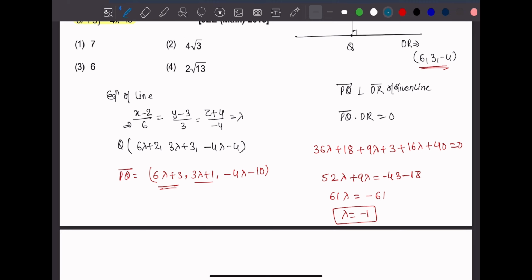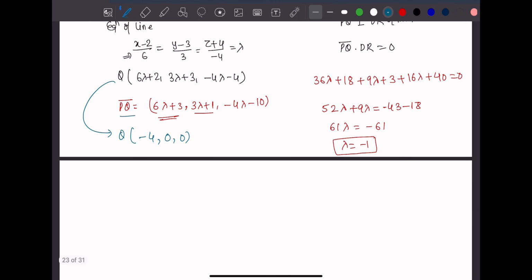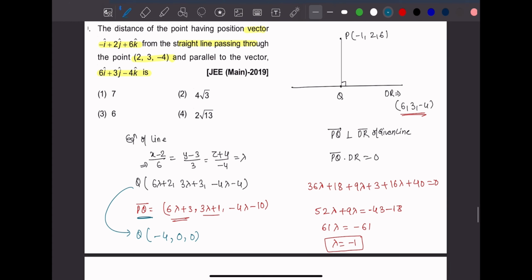So the Q point is now minus 6 plus 2, that is minus 4, minus 3 plus 3, 0, and 0: minus 4 comma 0 comma 0 we are getting, and we need the distance between P and Q. Can we say the magnitude of this one is our answer only? Otherwise you can calculate the distance also, no problem.